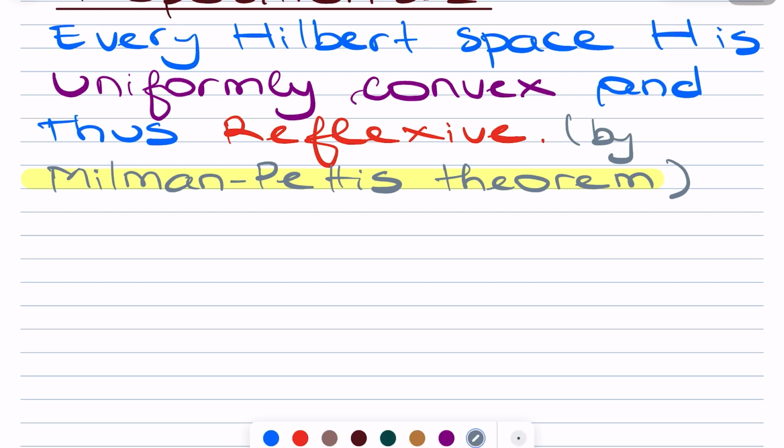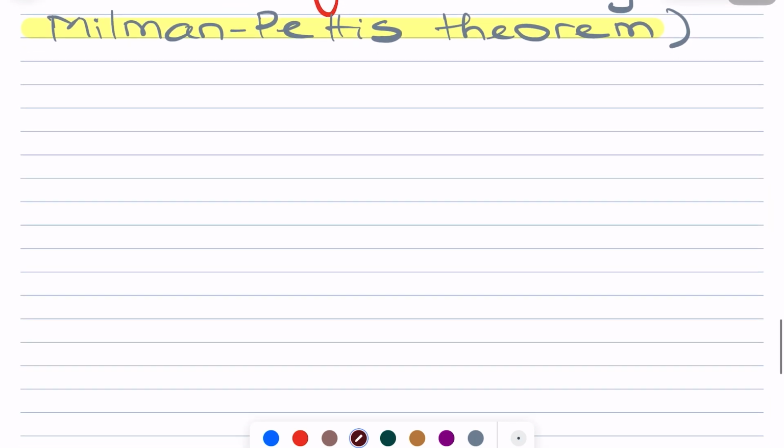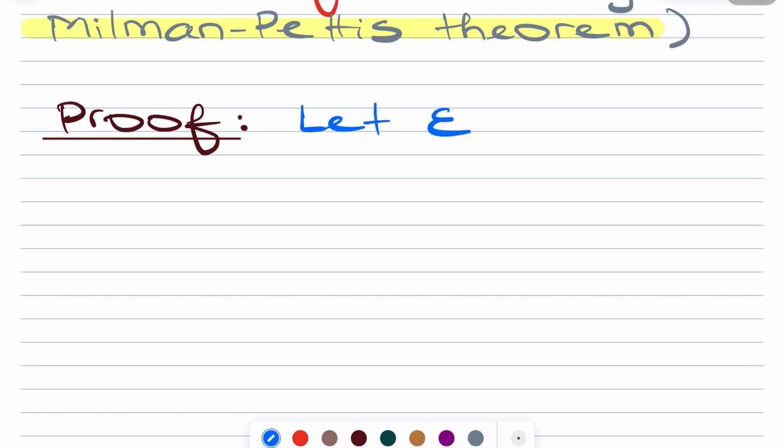So let's go into the proof, which is rather straightforward. Proof. Again, for your recall, uniform convexity means that if you slide a hole of length epsilon in the closed unit ball, then its midpoints should be contained in the ball of radius 1 minus delta, for some delta that we have to find.